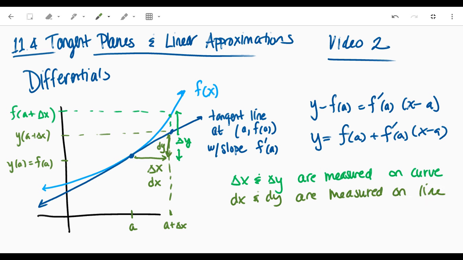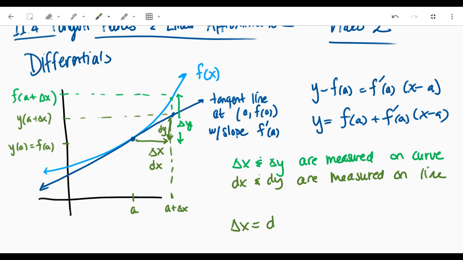Okay, so we can see here that obviously delta x equals dx. dy is what we call the differential. So that's kind of your big term here.